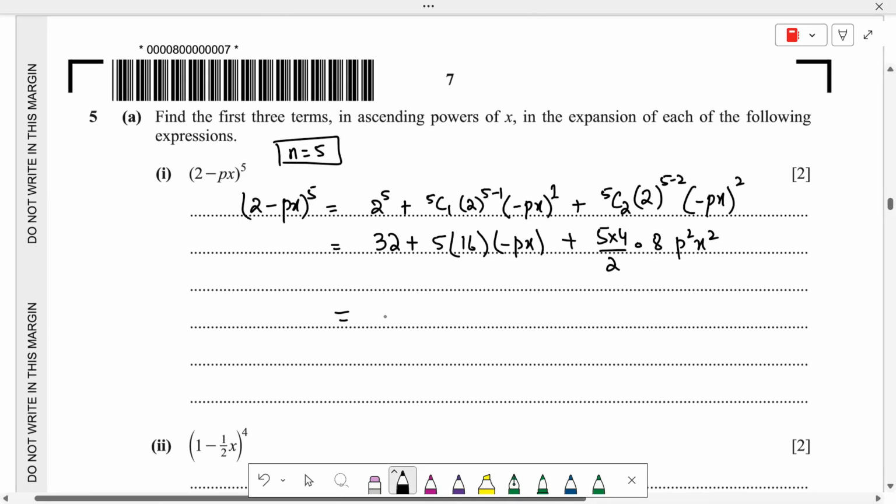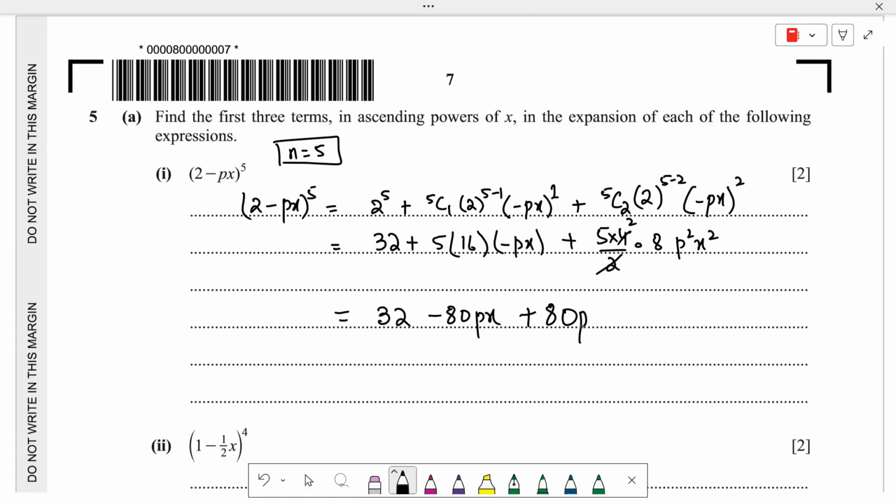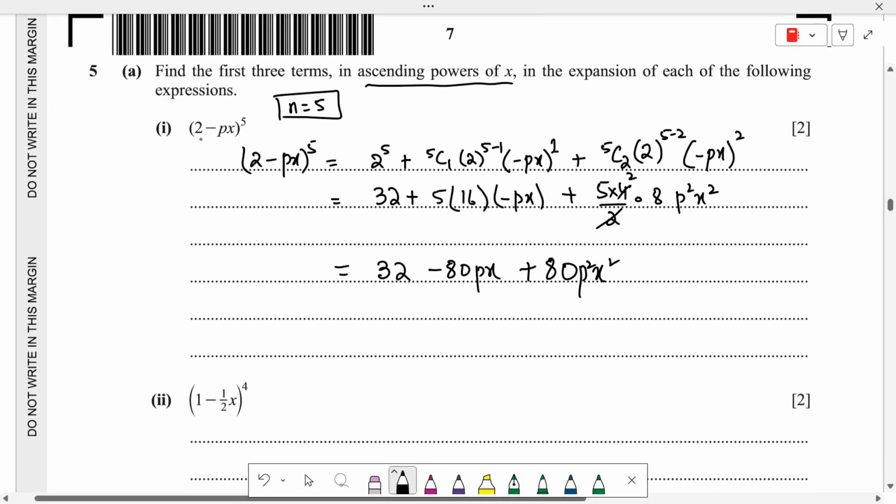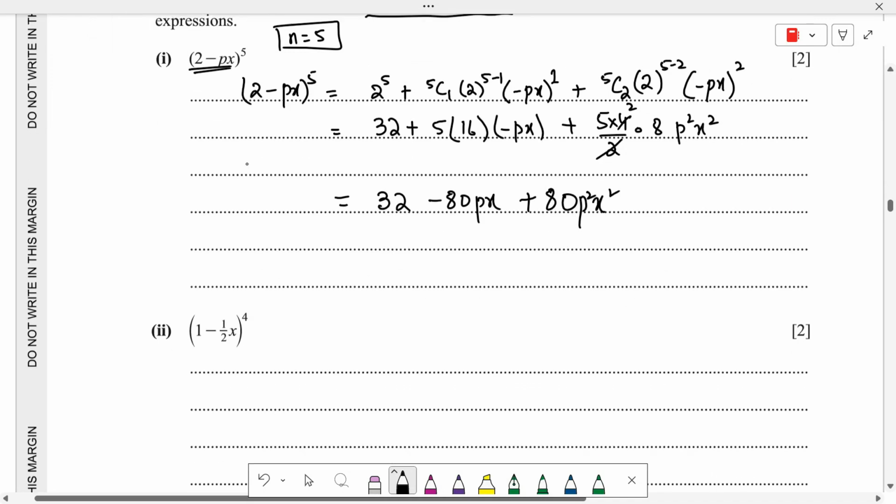Further solving, we have 32, 16 times 5 is 80, and 80 times negative px is negative 80px, and this one will be 5 times 2 times 8 is 80, p squared x squared. So these are the first three terms in ascending order of x for this expression.